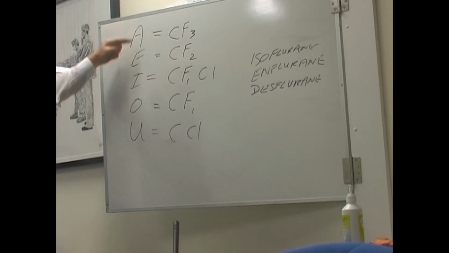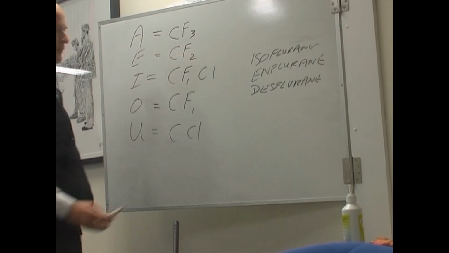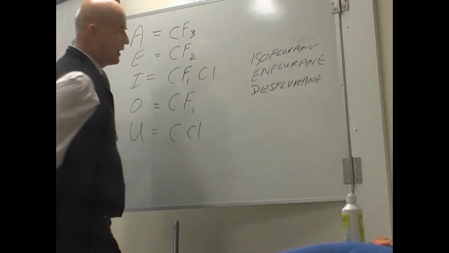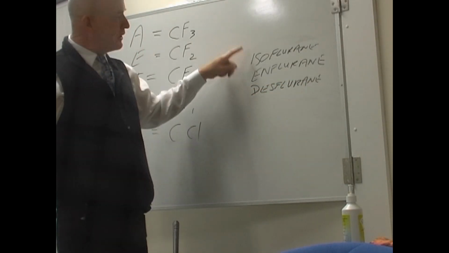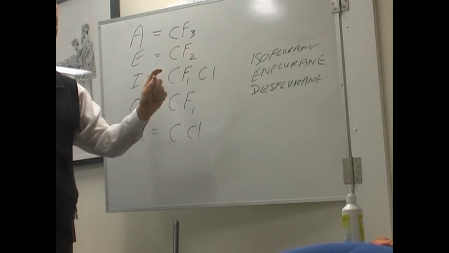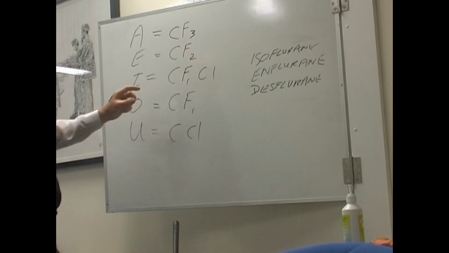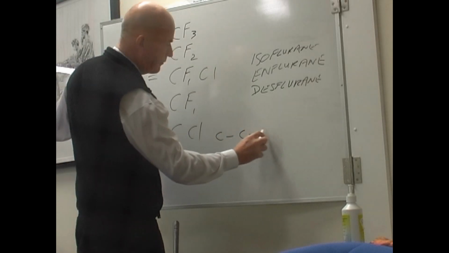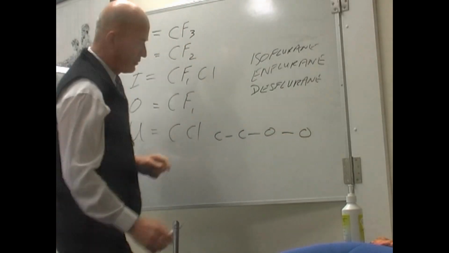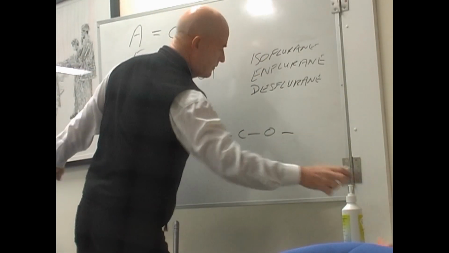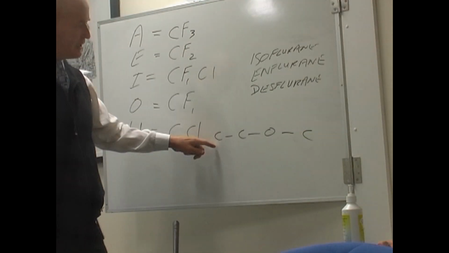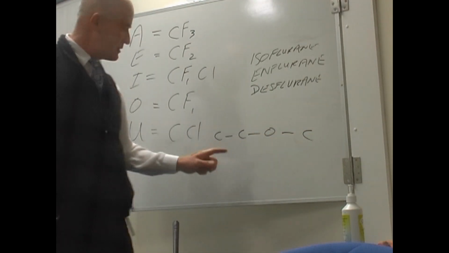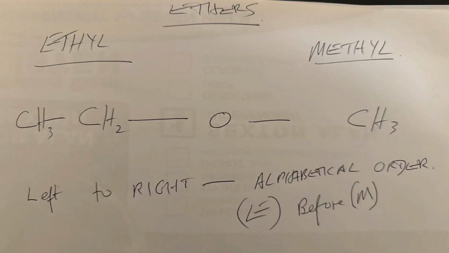So that's the basic code for it. Now, if we look at desflurane, as we said, these 3 are all methyl ethyl ethers. Now, what I've done is I'm putting ethyl to the left because E comes before M in the alphabet. So it's an ethyl methyl ether. So this will be our first, then second, then third carbon.